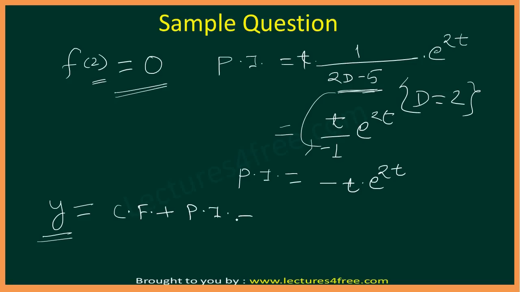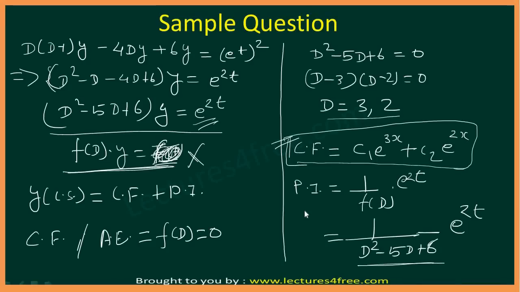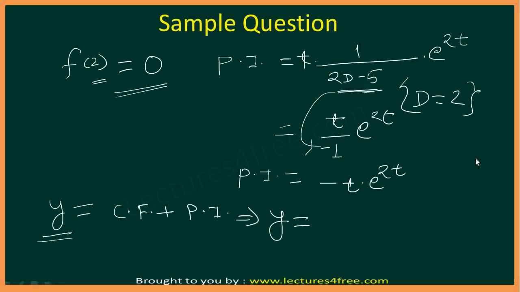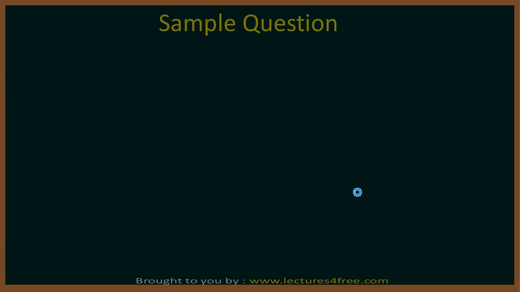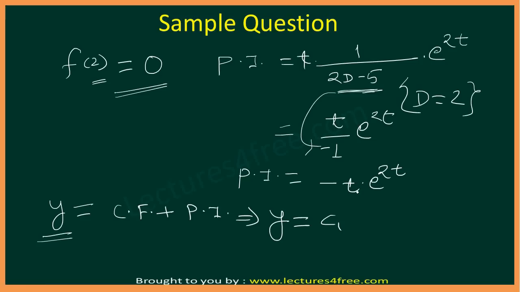So you will get y is equal to c1 e to the power 3x plus c2 e to the power 2x plus particular integral. Particular integral is this, so better write it minus t e to the power 2t.